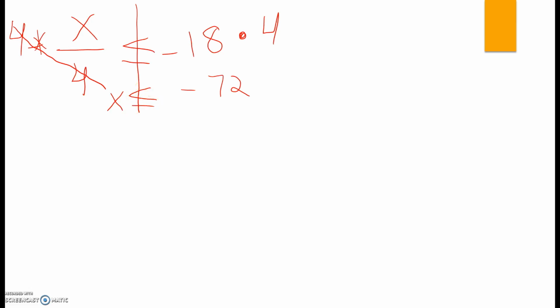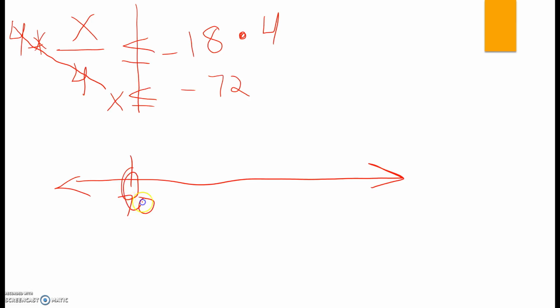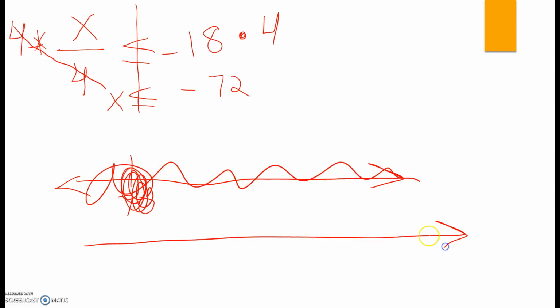And you just graph it now. So again, like I said, the numbers get a little large, so I'm just going to start with 70. Oh shoot, it's negative, so forget that. I don't have the capability to erase right now. So 72 is negative, so it's going to be negative 71, negative 72, negative 73, negative 74, negative 75.